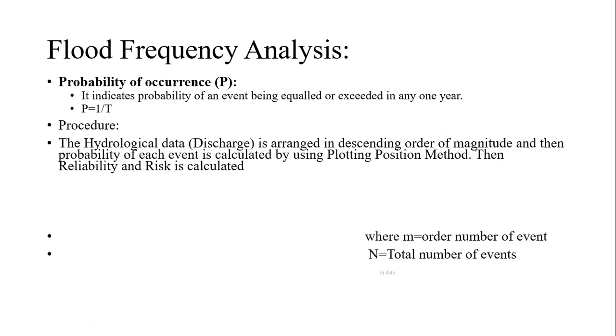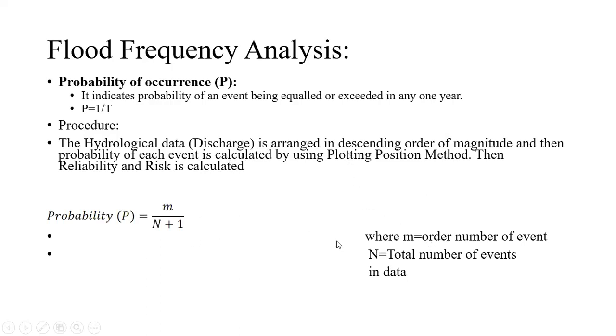Then the probability of occurrence is found out as m upon n plus 1, where m is nothing but the order number that I'm going to show you in the next slide. It means that if the highest flood value is there, it will have order number 1, at position 1.